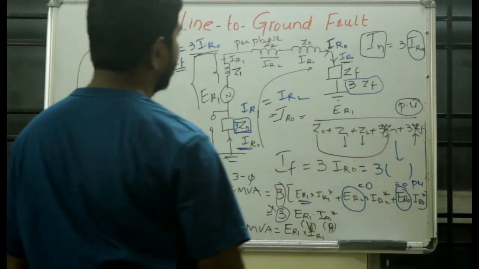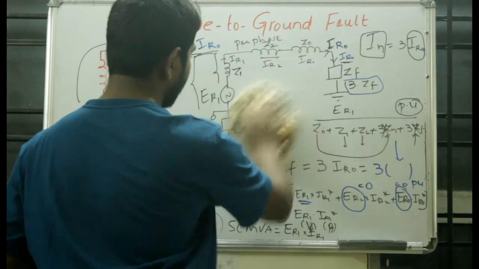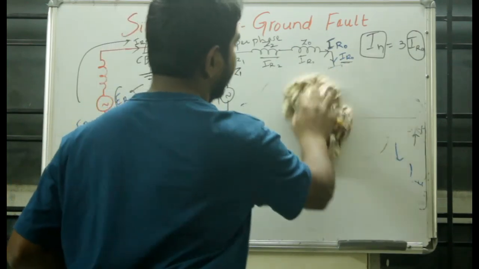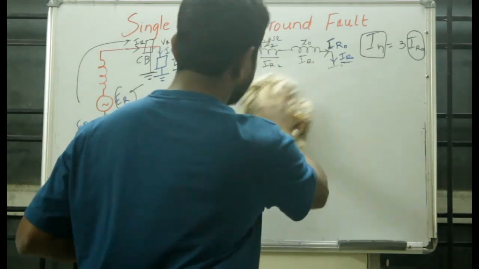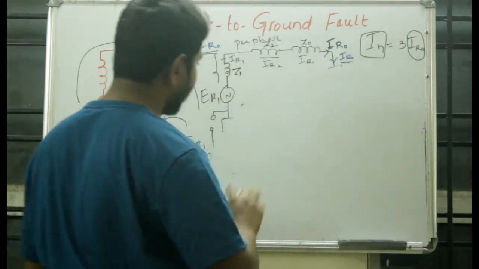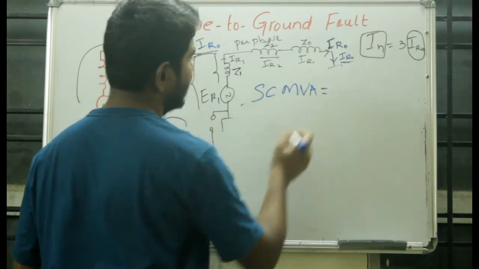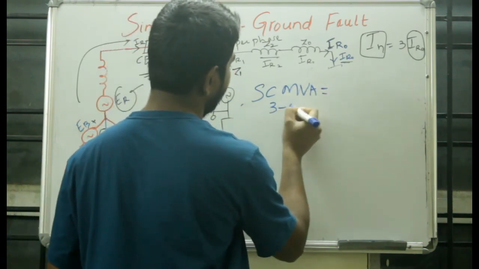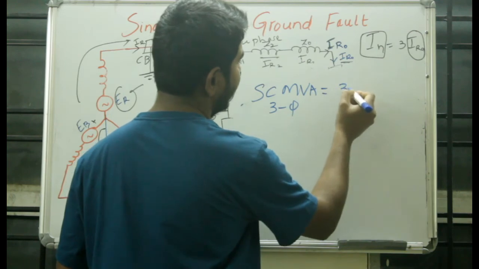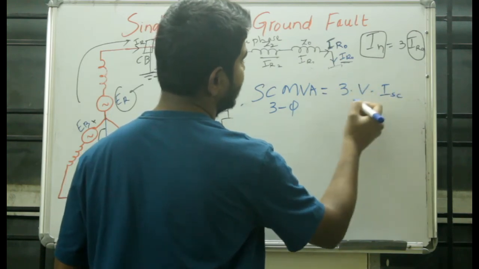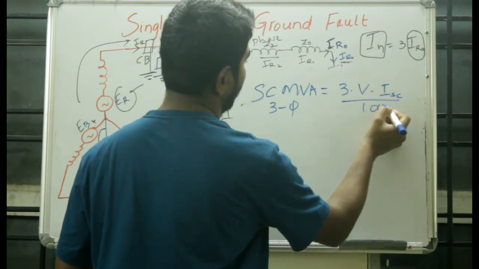While studying the symmetrical short circuit fault conditions, we have seen that the 3-phase short circuit MVA is simply 3 times V, the normal system voltage, into ISC upon 1000.